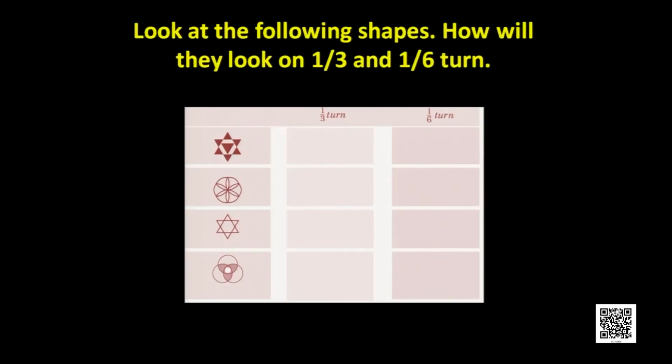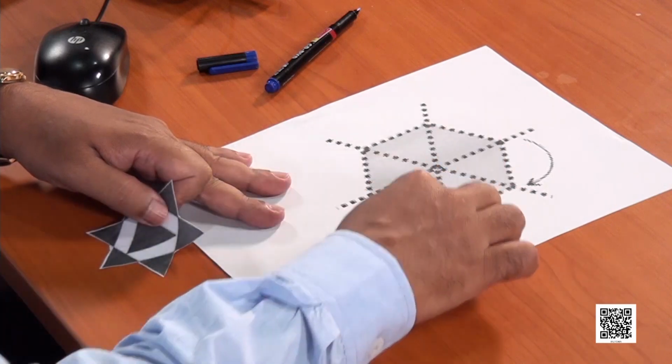Now, look at the following shapes. How will they look on a 1/3 turn and a 1/6 turn? What is a 1/3 turn? Just I told you it is 120 degrees. Suppose I am taking this picture. Here you see. First I am making a 1/3 turn. You just neglect these lines.